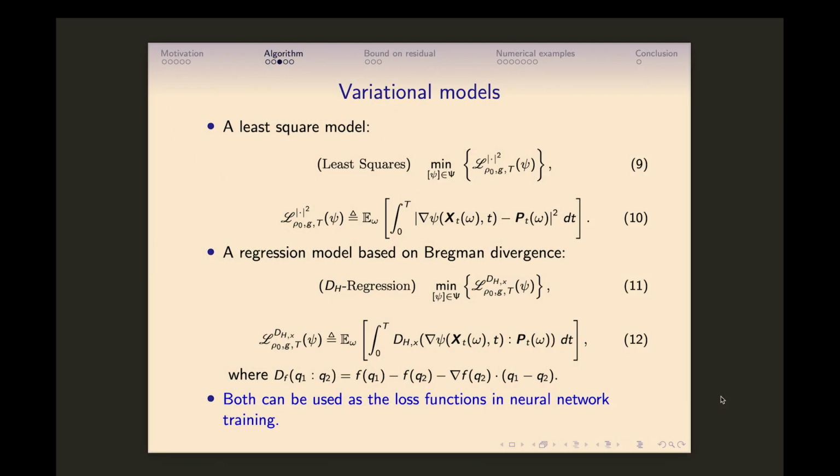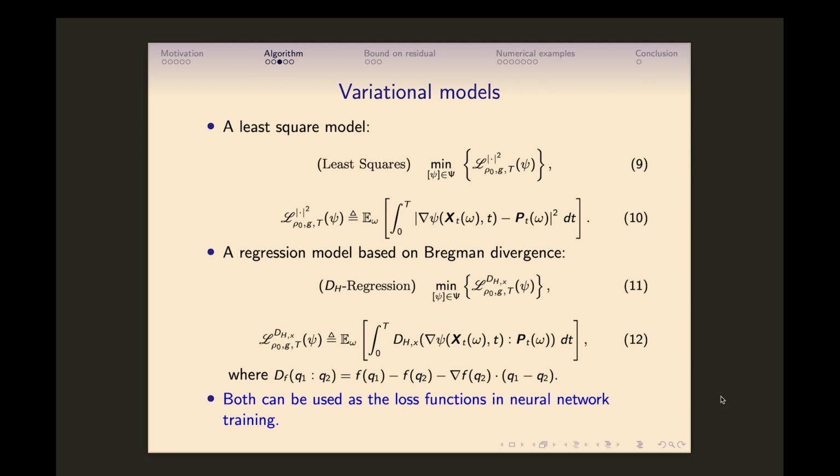Then I will have this generated data. Once I have the data, I form either a least squares version or the more general divergence version. This simply says that the distance between this function and that function has to be small after you do the minimization. That is pretty much the central idea. And of course, you can replace this by any other ways. The two things we tried in our numerical experiments are least squares and the Bregman divergence.